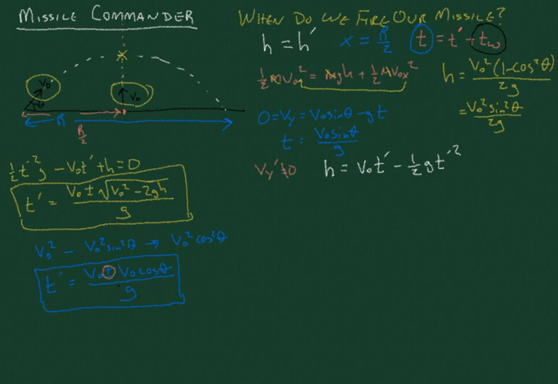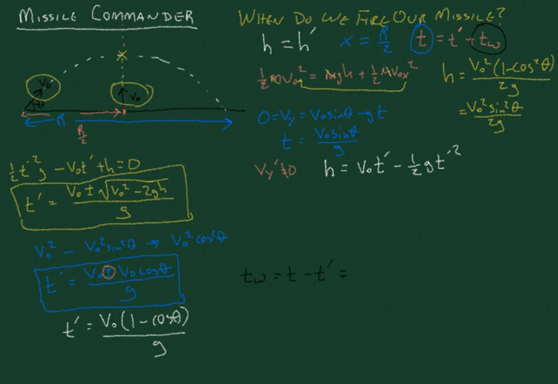So for argument's sake, we probably want to try and hit it on the way up, right? So we want to say then that our t prime is going to be v0 times 1 minus cosine theta divided by g.